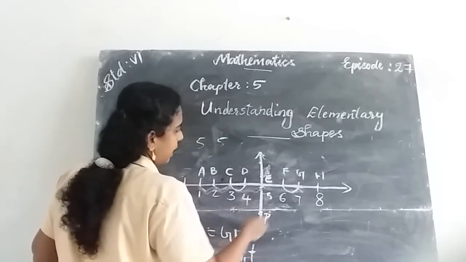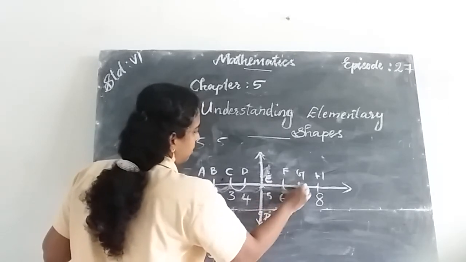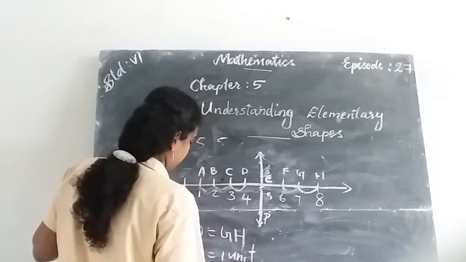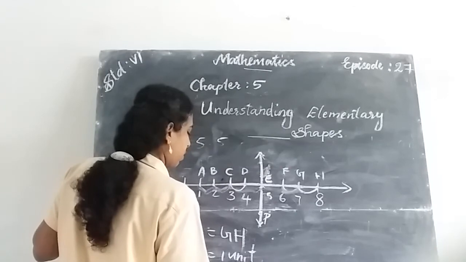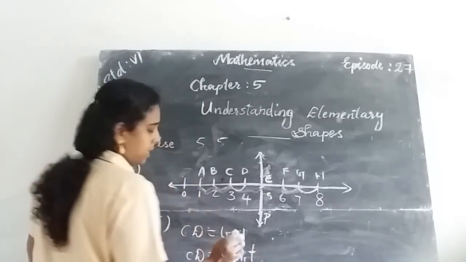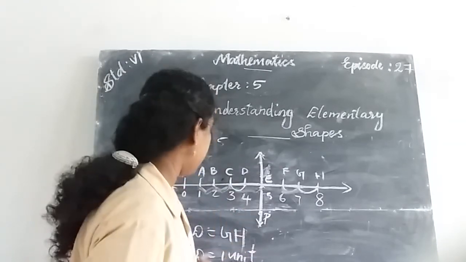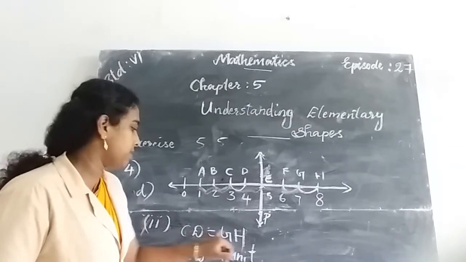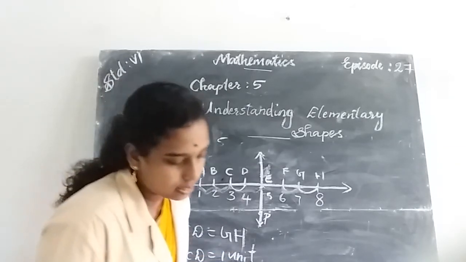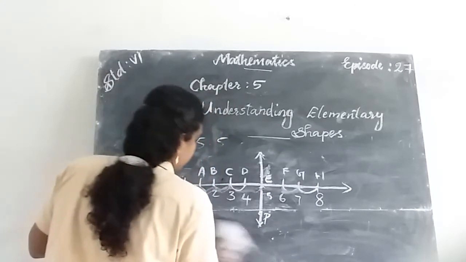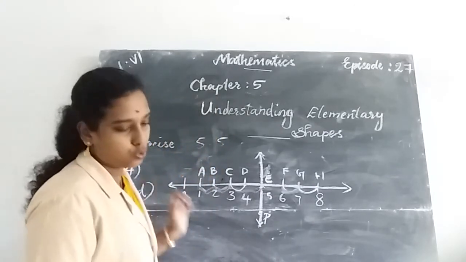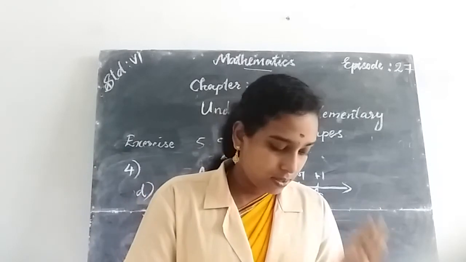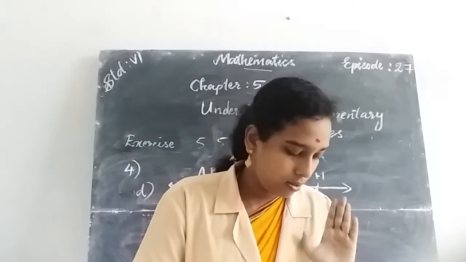And here GH, G to H is also 1 unit. GH is equal to 1 unit. So CD is equal to GH. So the statement is true. The first statement is true and the second statement is also true.